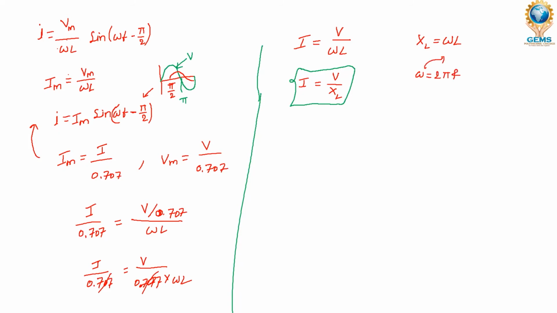Substitute this here, we will get XL equals 2 pi f into L, where 2 is a constant, pi is a constant, f is the frequency, L is the inductance of the inductor.